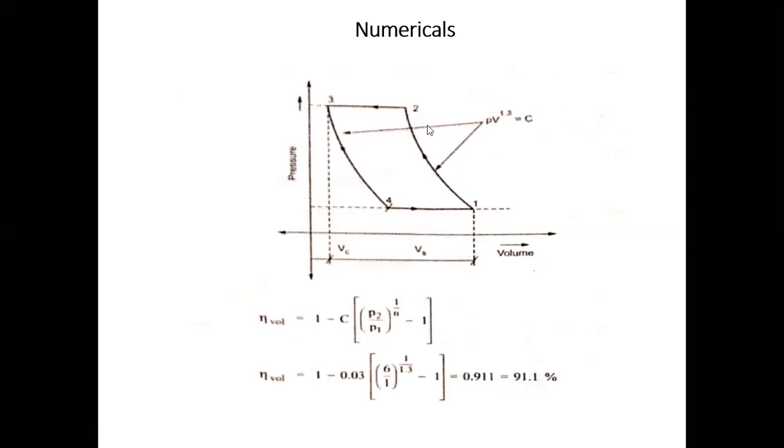This means the volumetric efficiency of the compressor is 91.1%. That means the fresh air supplied is 91.1%, and approximately 8.9% of air is expanded during the delivery stroke in the compressor. So this is all about volumetric efficiency of a compressor.